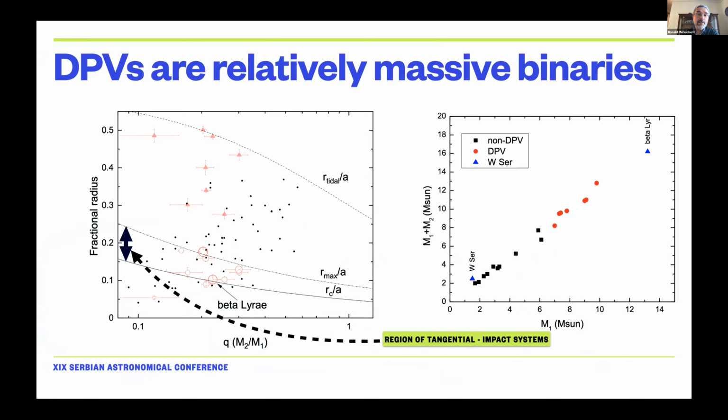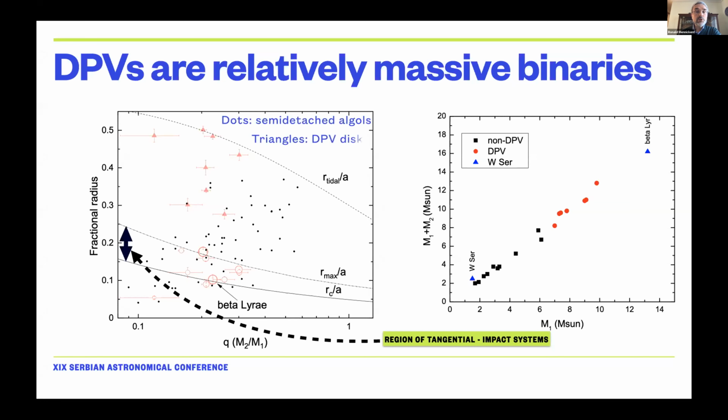The systems located in this region are hit by the stream in a tangential way. So they acquire a lot of angular momentum and could eventually spin up until critical velocity.